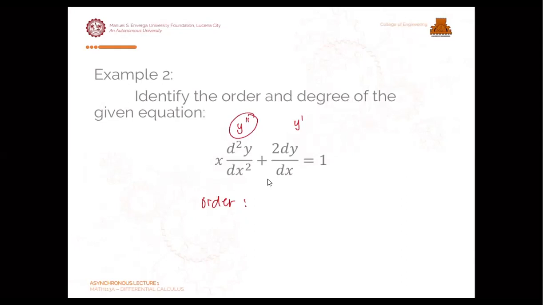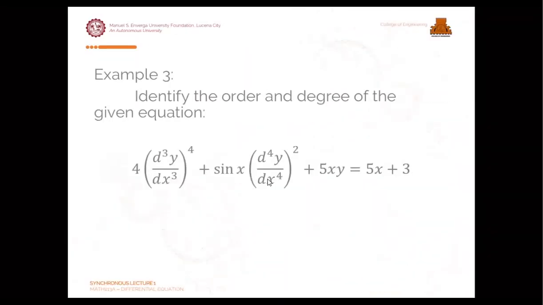So, ang order nitong given equation natin is 2 or second order, no? Okay? Then, ang degree natin, kung saan naka-raise na power yung mismong highest order natin. So, since ito is wala naman siya naka-raise na power or ito is naka-raise lang ng 1, so first degree lang tayo dito. Okay?